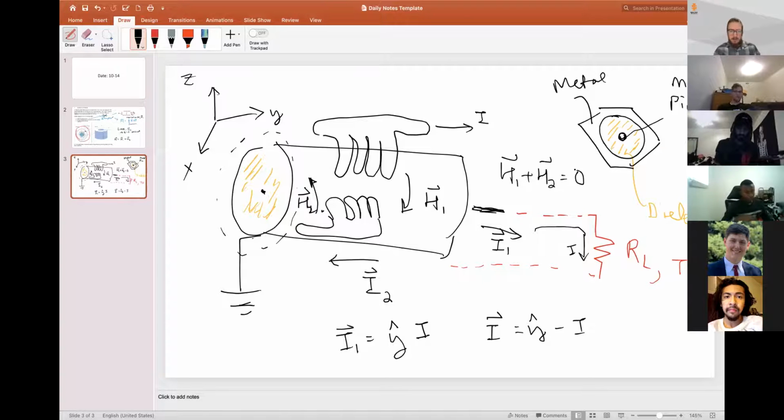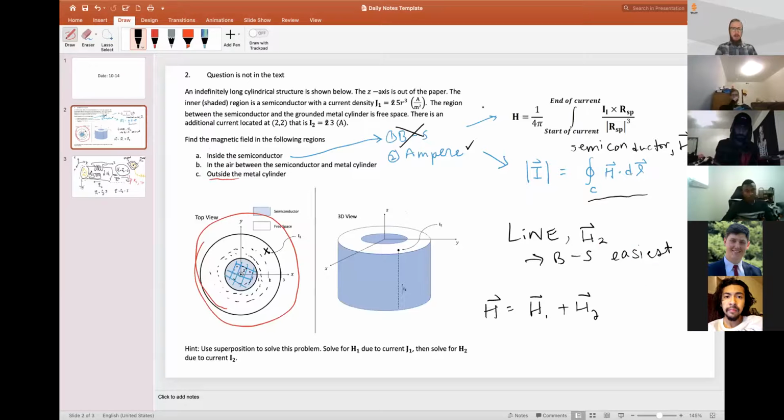So for a coaxial cable with an inner conductor and an outer conductor, when you ground it outside of the cylinder, you're going to get a case where you have no magnetic field. So how does this make sense, right? Let's go back to the question in the text. We have an inner conductor and an outer conductor.